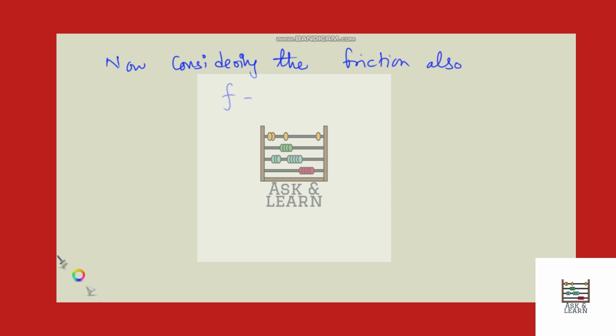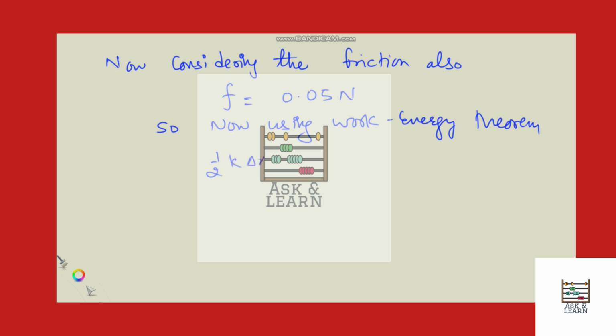Now, considering the friction also, the force of friction acting on the ball during its motion is given to be 0.05 Newton. So, now using energy conservation along with the work energy theorem, the elastic potential energy stored in the compressed spring will be converted into two forms.